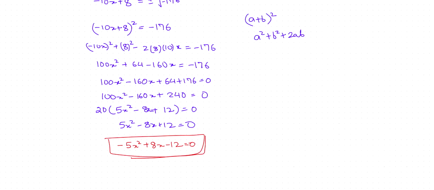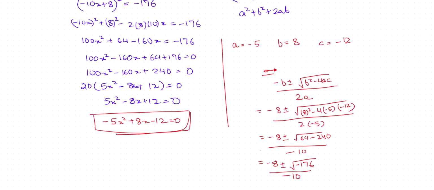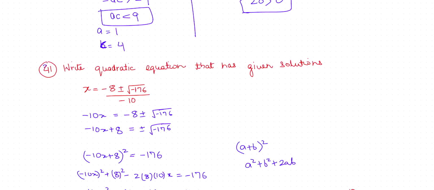So if we multiply the equation by negative 5 and put A as negative 5, B as 8 and C as negative 12, we will get negative 8 and this 64 minus negative 240, and we will have the solution, the x which is given over here.